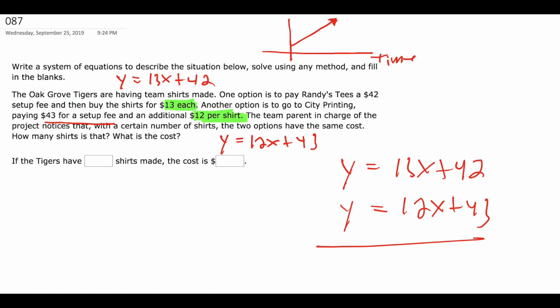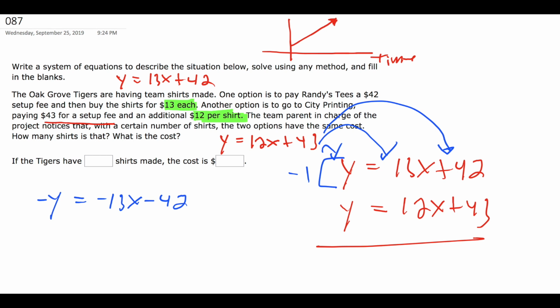I can multiply one of them by -1, and then you just distribute. That just means change all the signs to their opposites. So then you end up with negative y equals negative 13x minus 42, and then positive y equals 12x plus 43, and then you add straight down.